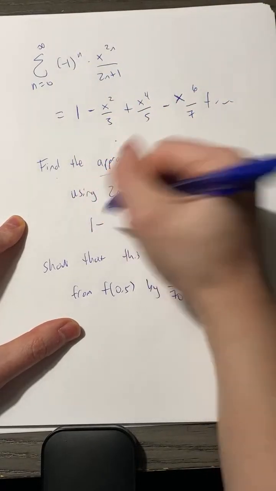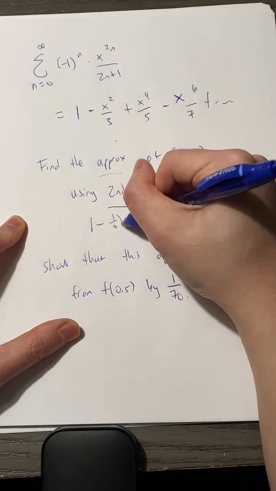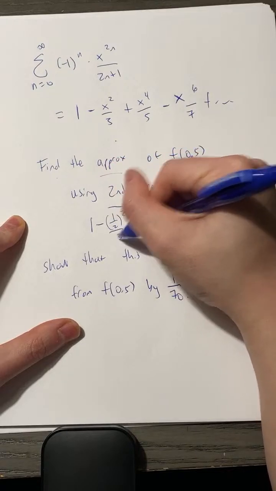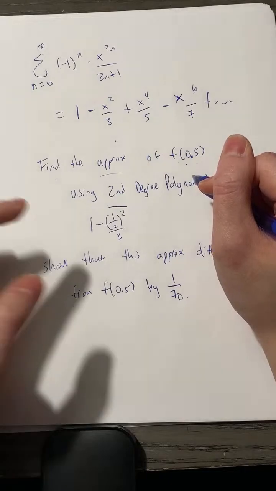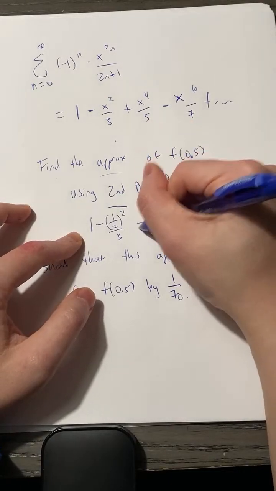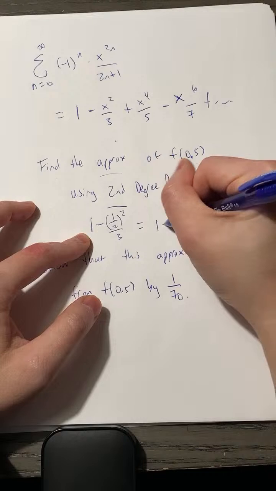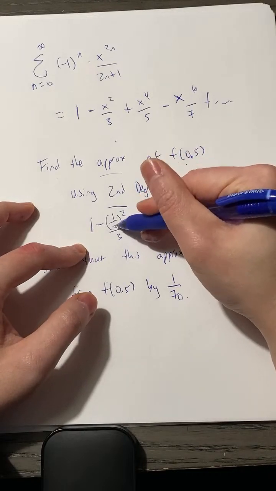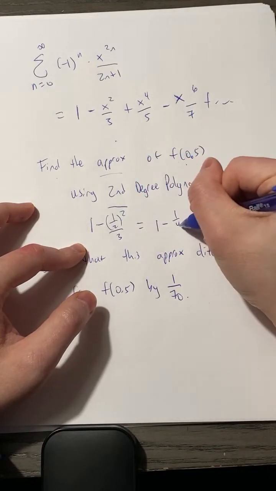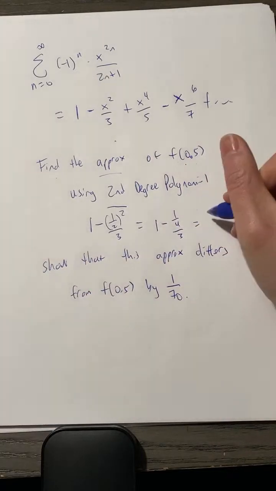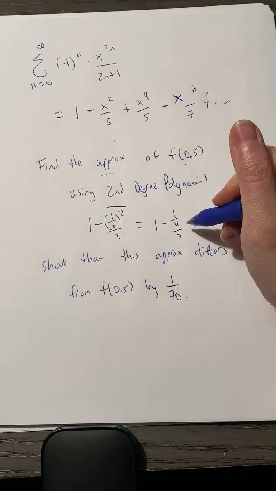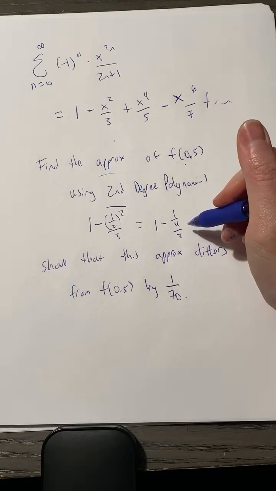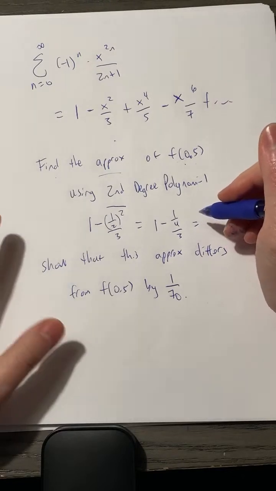I like to work with fractions, so I'm going to plug in 1/2 instead. And unfortunately, on the AP exam, this is not calculated because it's always the last FRQ. So I'm going to slowly calculate this. 1/2 squared is 1/4. Divided by 3 is 1/12. Just keep in mind that when you're dividing fractions, 1/4 over 3 is not 3 over 4. It's 1/4 times 1/3, so it's 1/12.